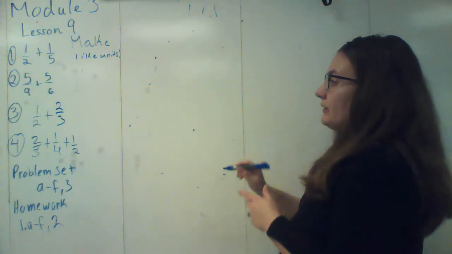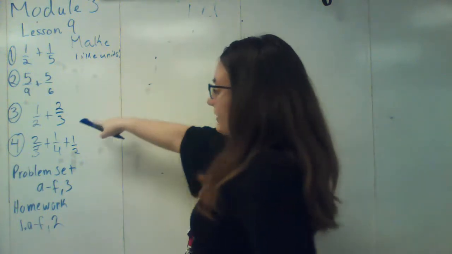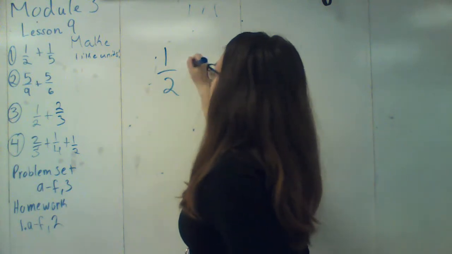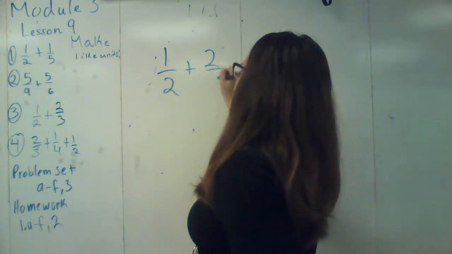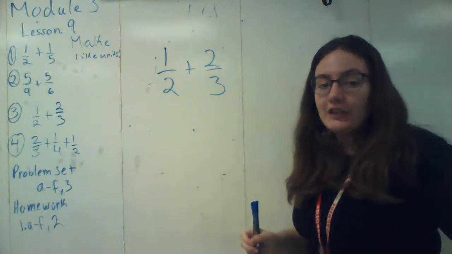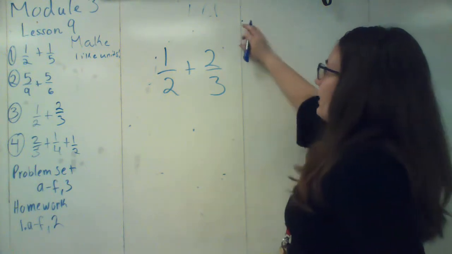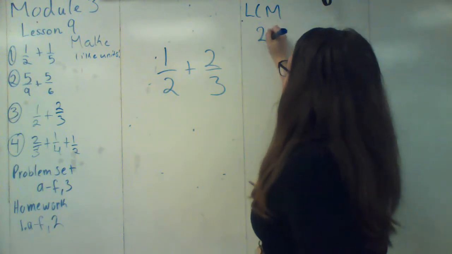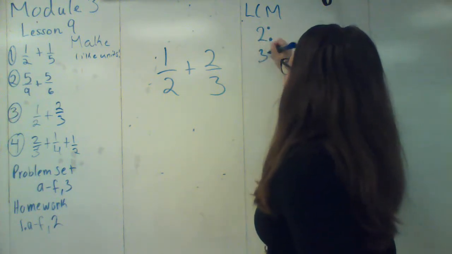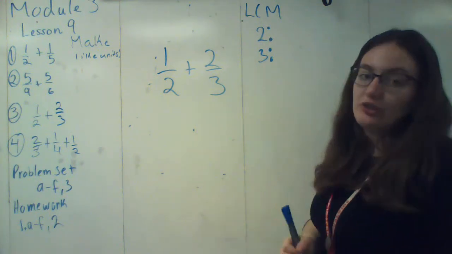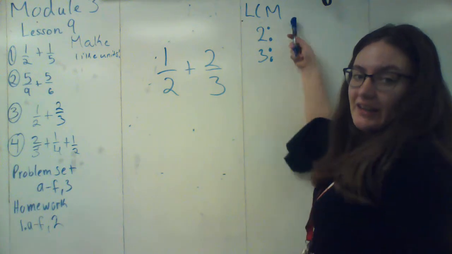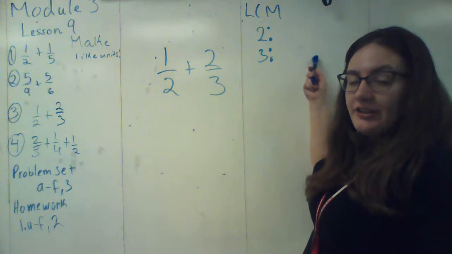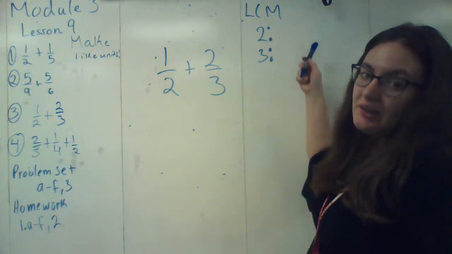So for this problem, we are actually going to be skipping to problem 3, which is a half plus 2/3. So for this one, I'm going to start listing my multiples for my LCM. So I have 2 and 3. The last time I showed you a strategy where I did a couple of factors for my largest number, and then I did a couple of factors until I matched them.